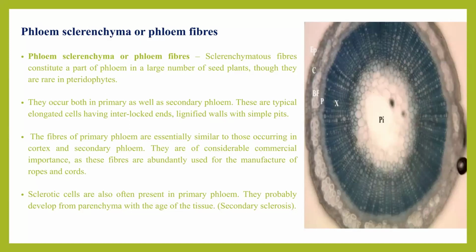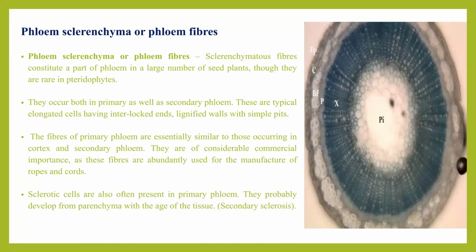The fibers of the primary phloem are essentially similar to those occurring in the cortex and secondary phloem. They are of considerable commercial importance, as these fibers are abundantly used for the manufacture of ropes and cords.